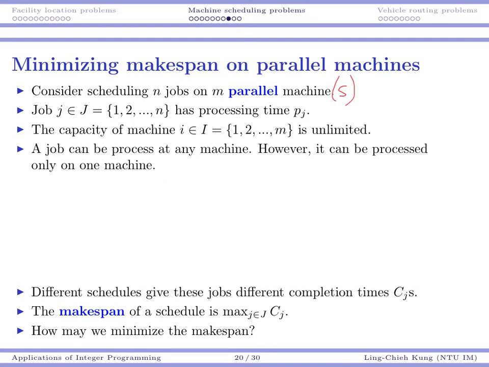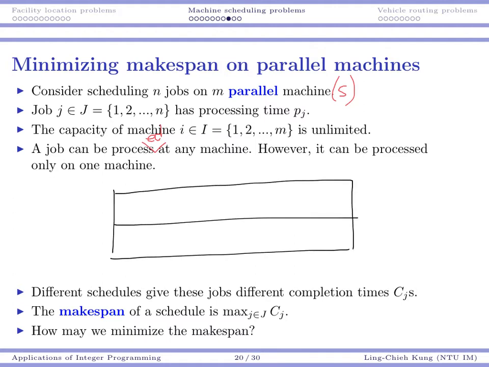Oh, no. All the machines are identical. A job can be processed at any machine. However, it can be processed only on one machine at a time. So on each machine, it's still serial production. It's just that we now have multiple machines, just like the graph that you have already seen.